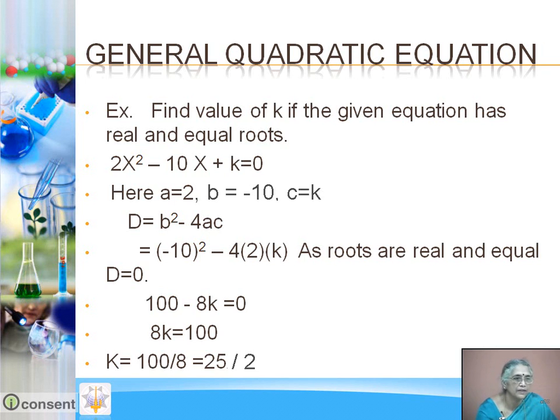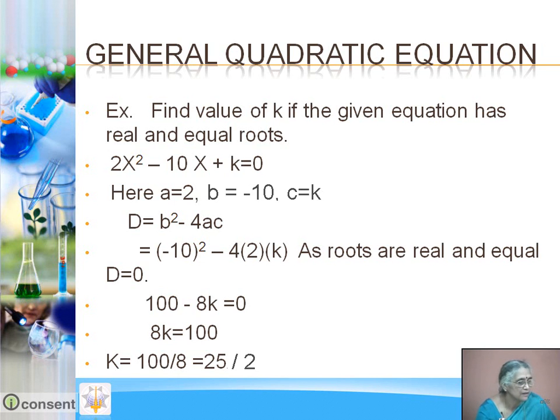Now we'll find given unknown in the equation using the nature of roots. If it is given, take example, find value of k if given equation has real and equal roots. Equation is 2x square minus 10x plus k is equal to 0. Here a is equal to 2, b is equal to minus 10 and c is equal to k.